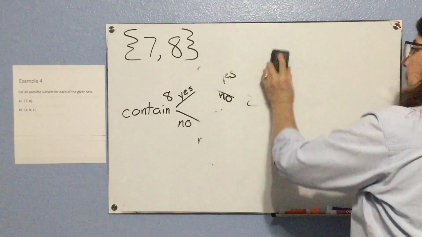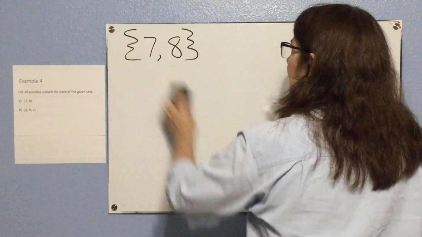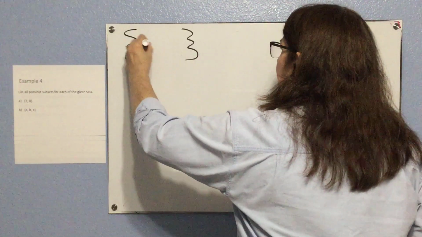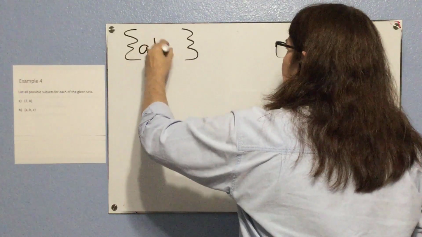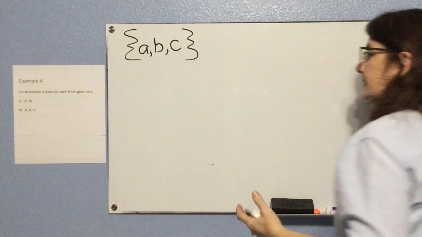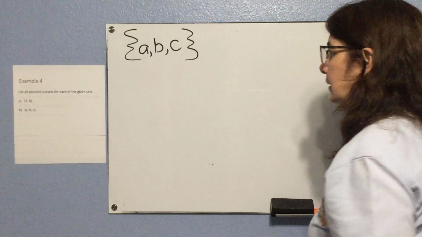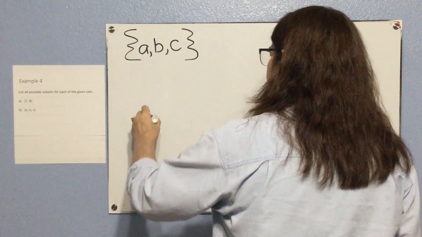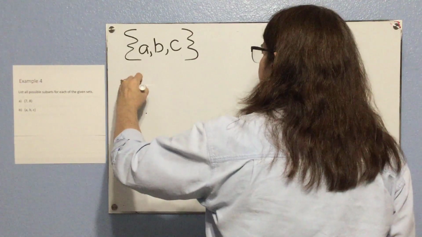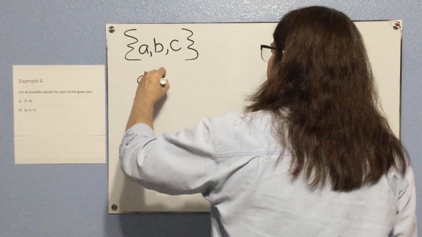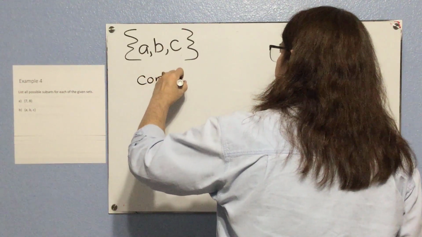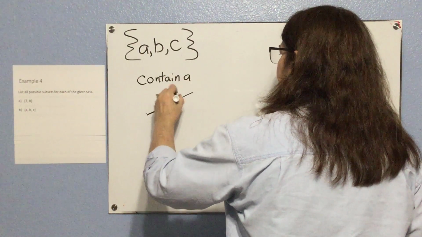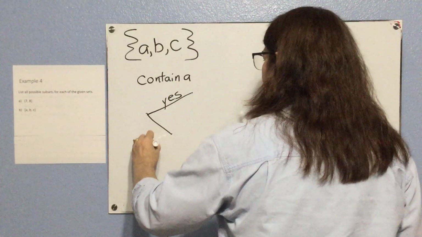Let's look at a slightly bigger set. Same process, just a little more to it. So we're going to start here with, does it contain A? Either yes it does, or no it doesn't.